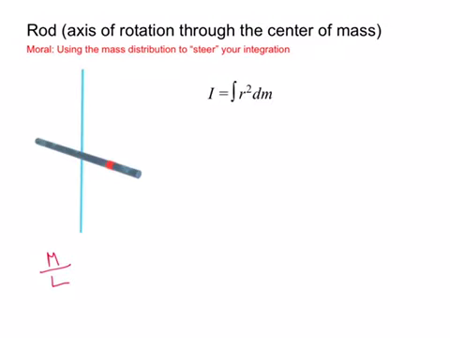Now, for these integrations, it's important to note that for our mass distributions, there are small masses called mass elements in our shapes that comprise the whole object.